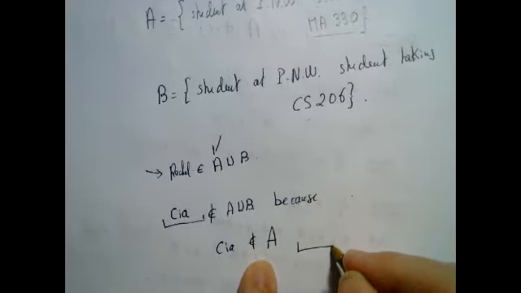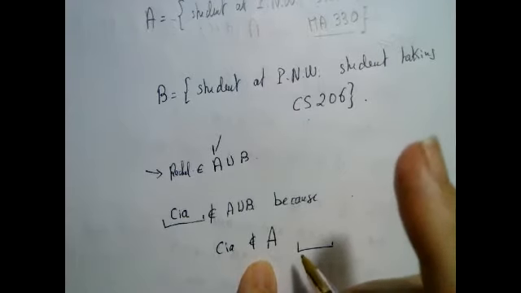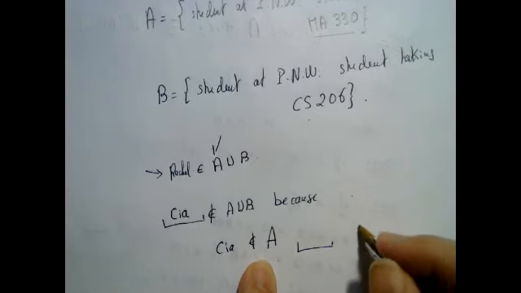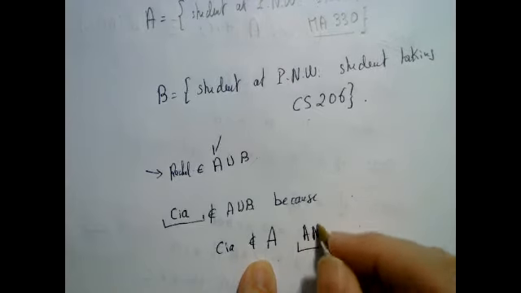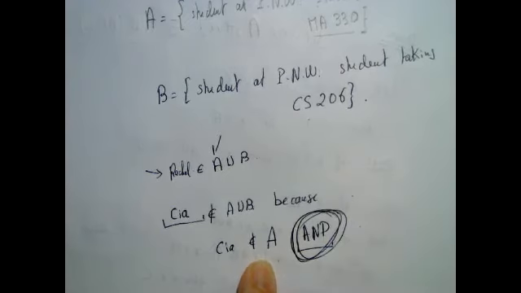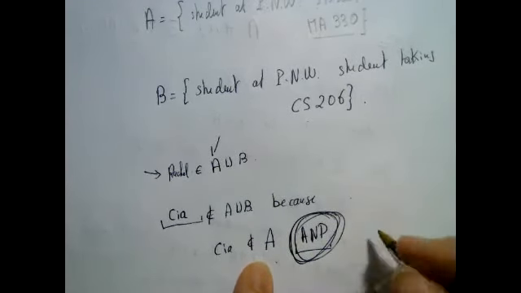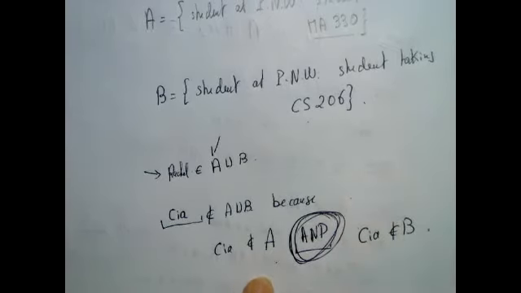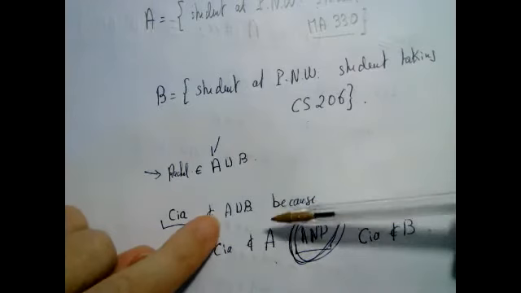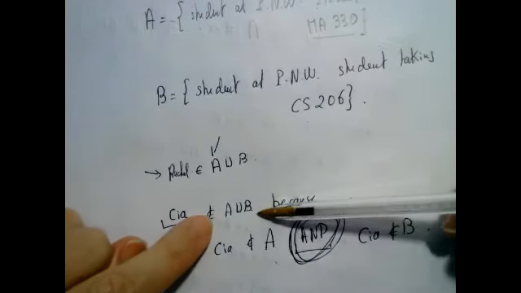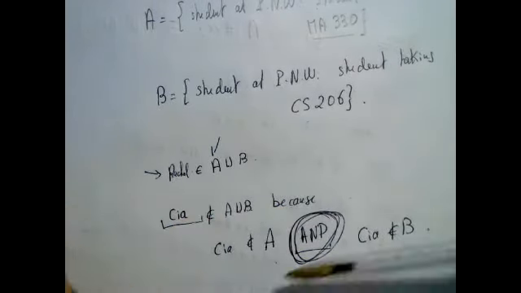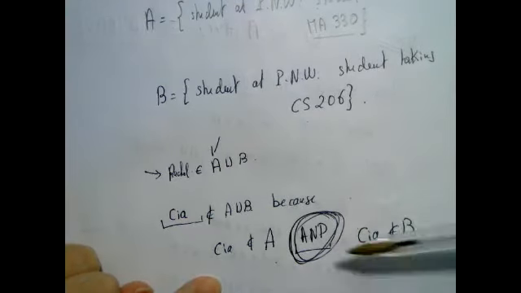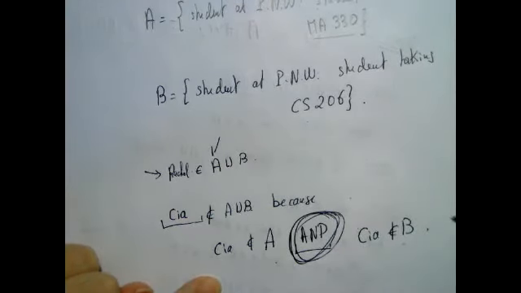I'm not taking either, so I'm not taking A or B. You're not in A because you're not taking A and you're not taking B. The reason you're not in A union B is because you're not in A and you're not in B. You're not taking 330 and you're not taking the other one. Not or, it's and, because you're not taking both of them.